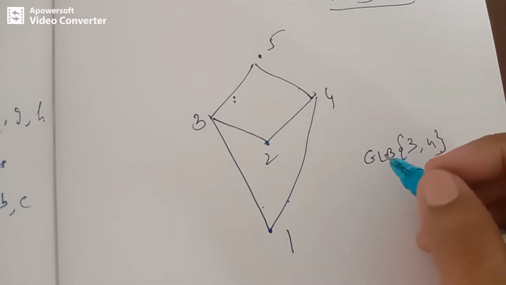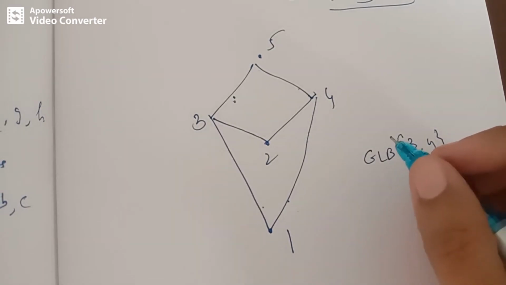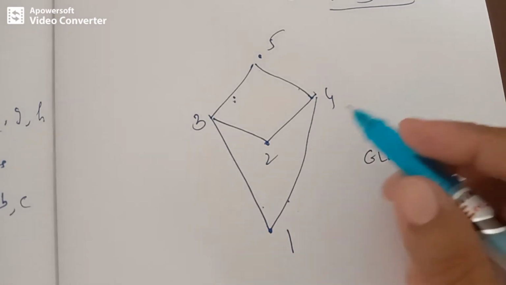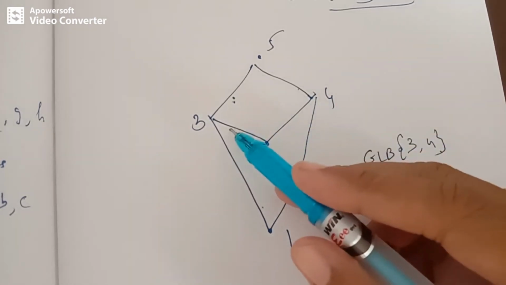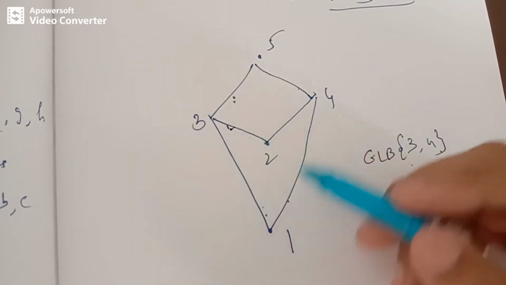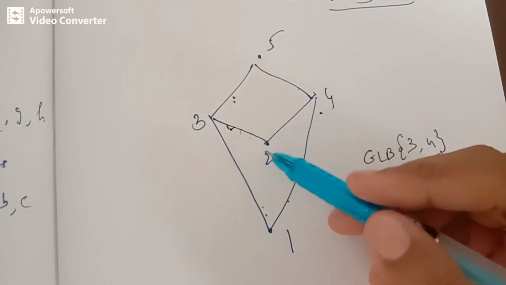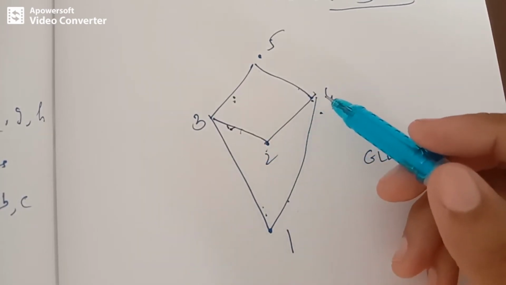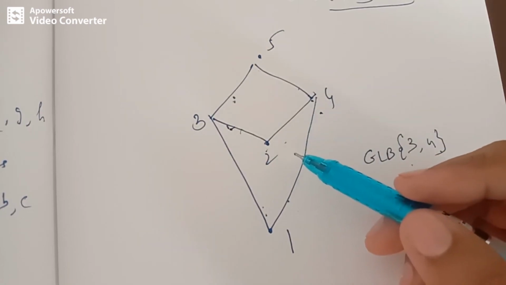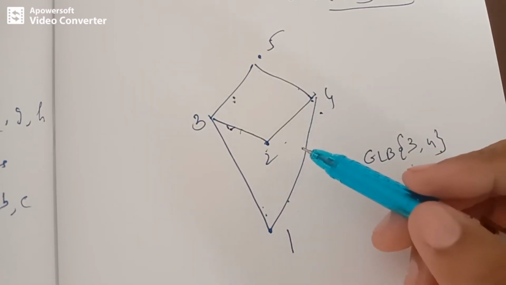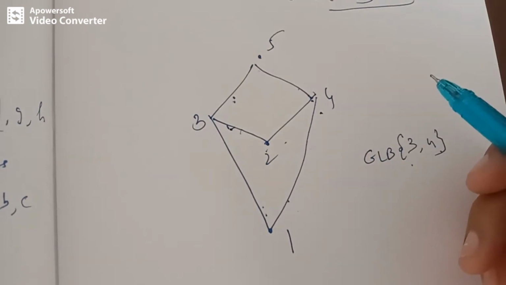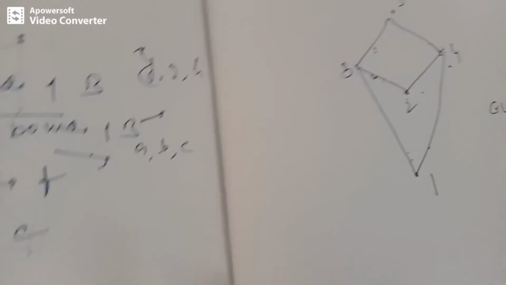What is the greatest lower bound of 3, 4? Does it exist? We can observe that 1 is related to 3 and 4. Similarly, 2 is related to 3 and 4. So, we do not have any element that is related to both of them, right?